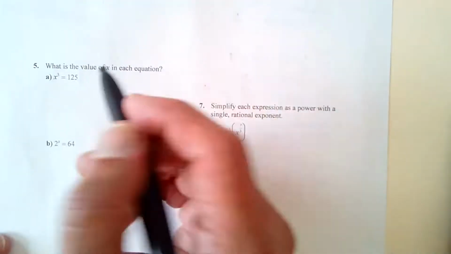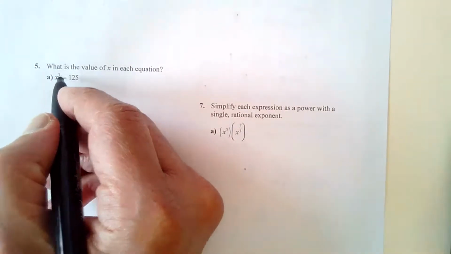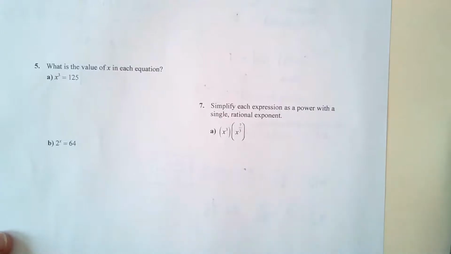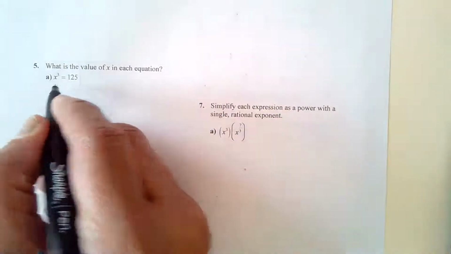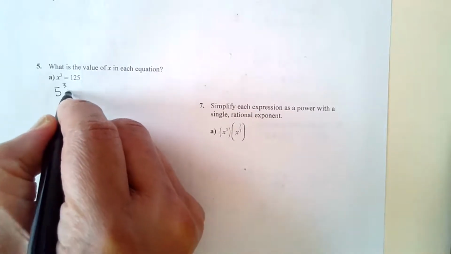What is the value of x in the equation? What value multiplied by itself 3 times will give me 125? That would be 5 to the power 3.